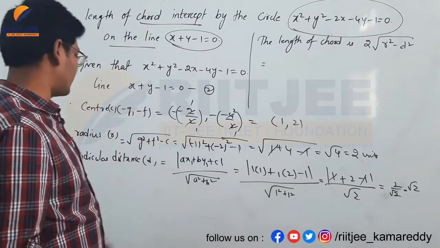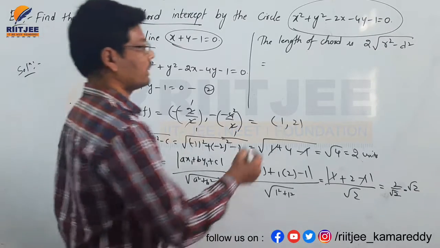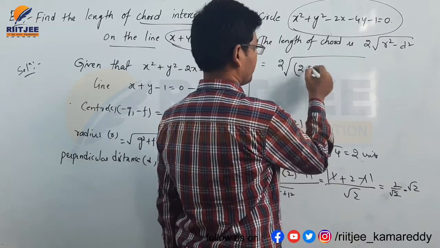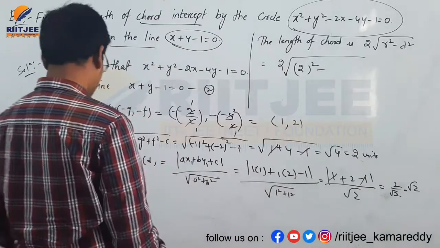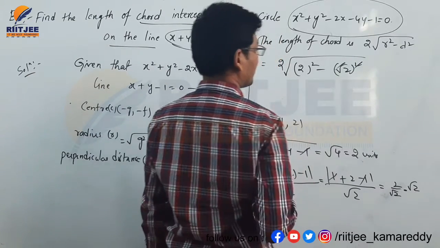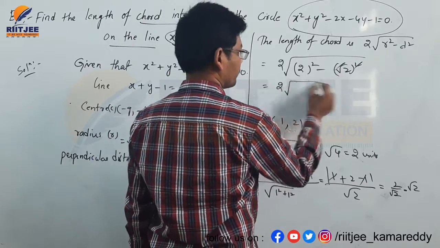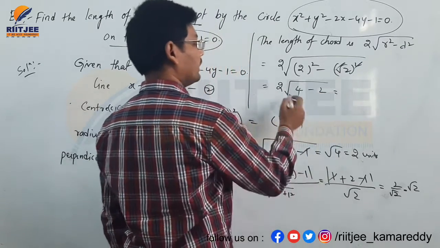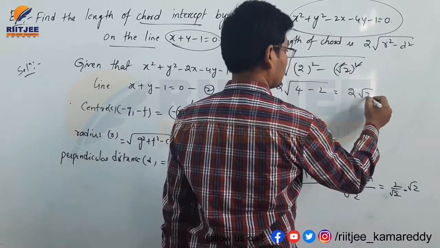Where r is equal to 2, we get 2 square minus d, which is root 2 whole square. Square and root get cancelled here. 2 into 2 square is nothing but 4. 4 minus 2, again 4 minus 2 is nothing but 2.